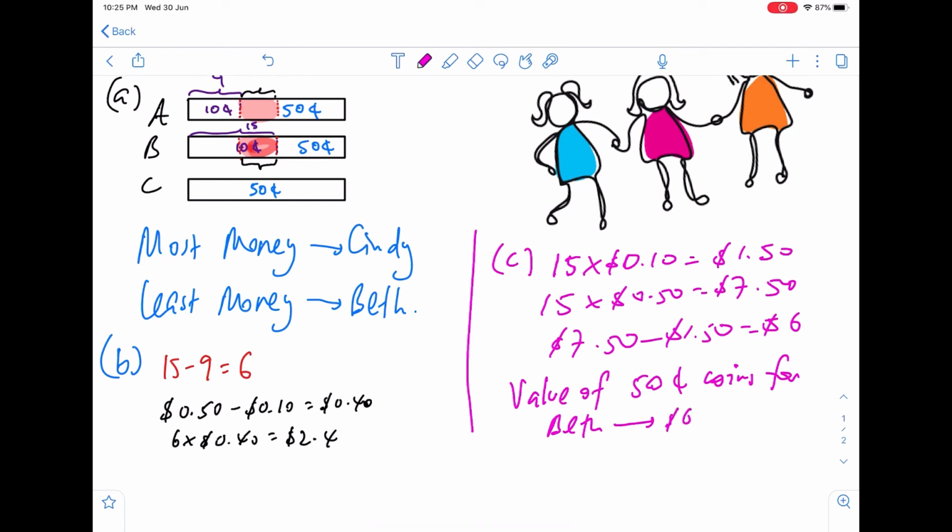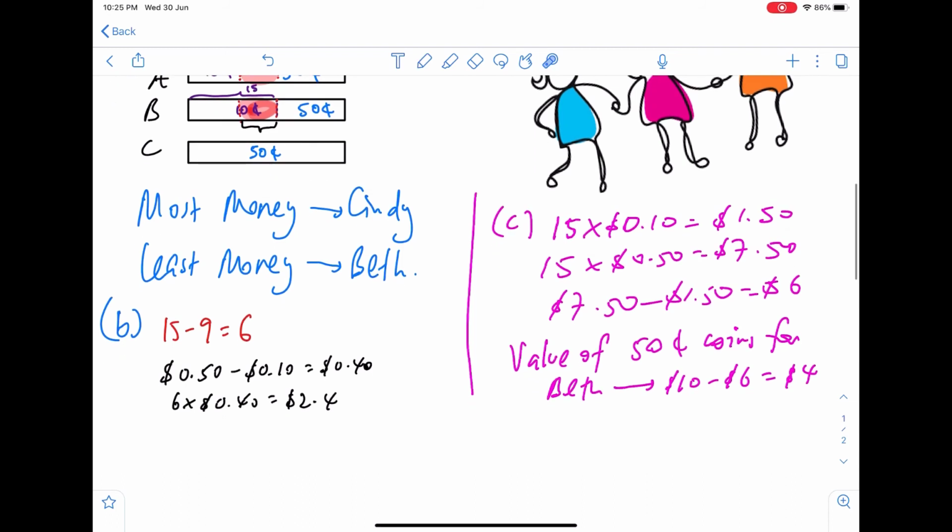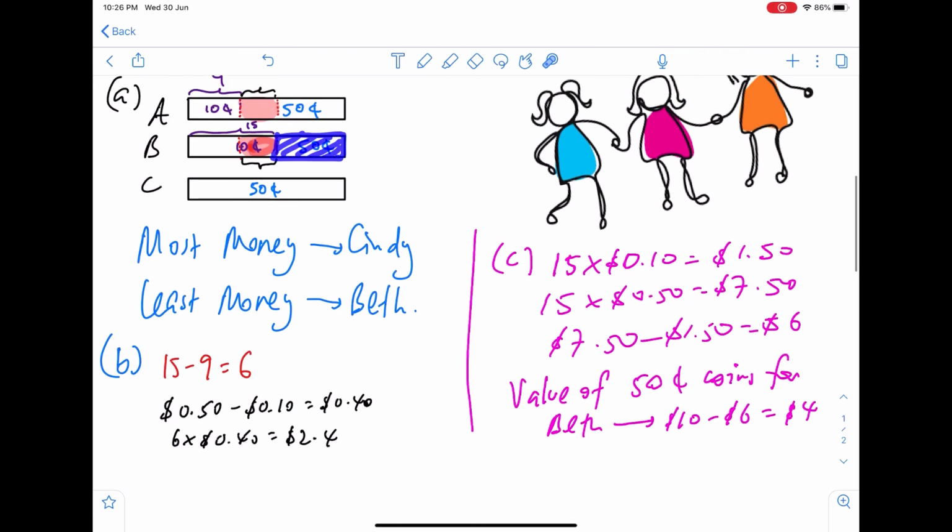It will be $10 take away $6, $4. So let me explain this again. She bought the food with $4, and further to that, because of these 10-cent coins, you add another $6 difference. So in total, 4 plus 6, $10 is the difference between Beth and Cindy after Beth spent this amount of money.